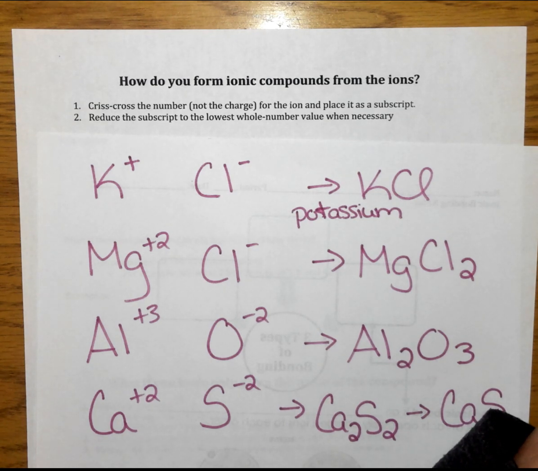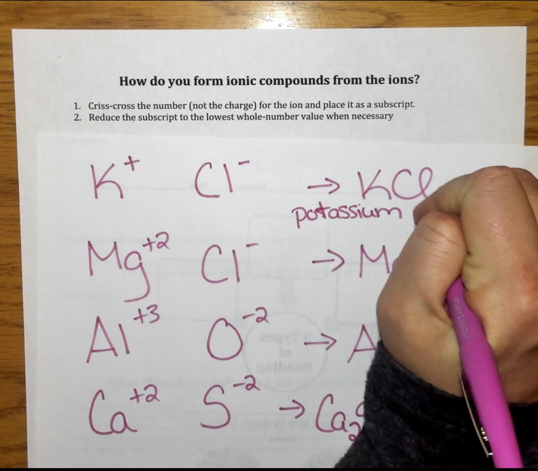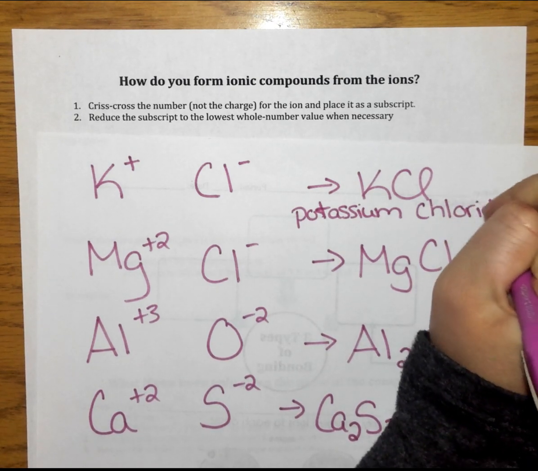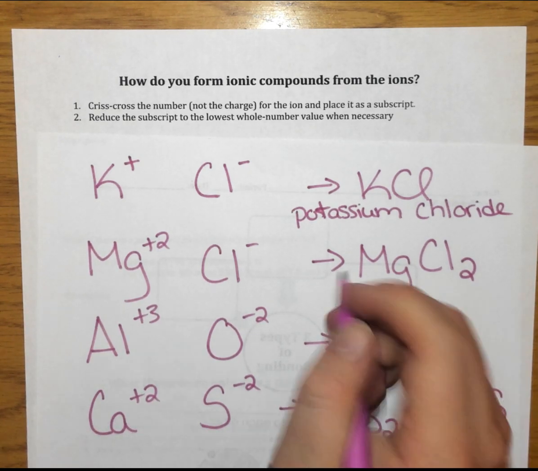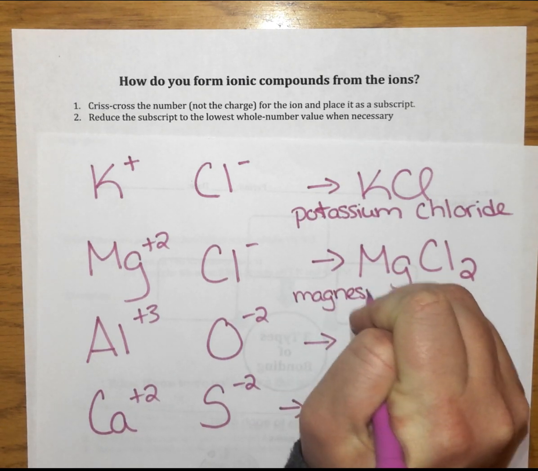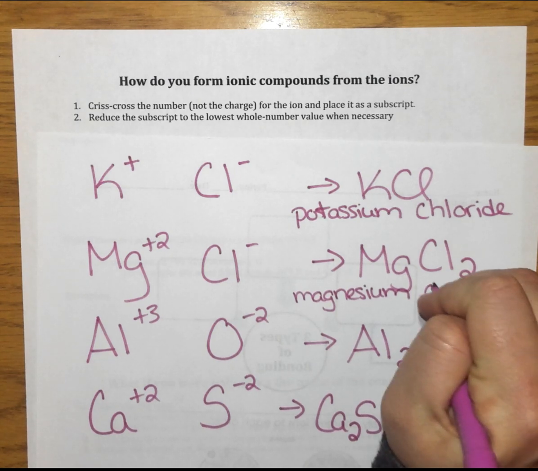So chlorine becomes chloride. So this compound is going to be potassium chloride. Now let's do the next one. So we have magnesium. So magnesium, we leave the metal alone. We don't want to change this name. So it's magnesium and then chloride. It's the same as above.